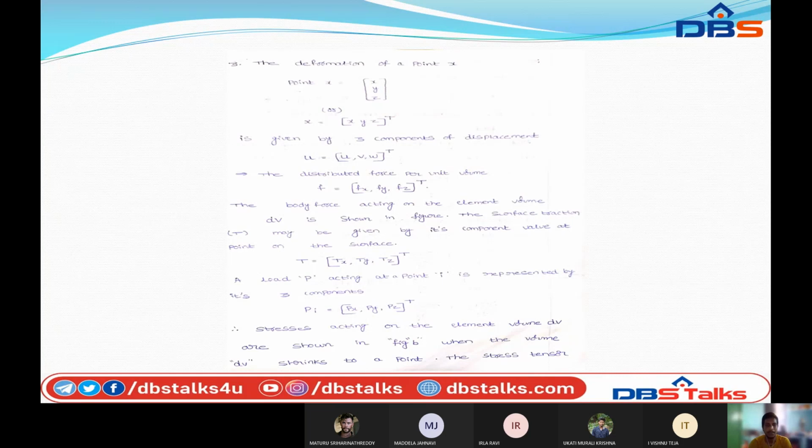Displacement in the u direction, that means in the horizontal direction, u equal to (u, v, w) transpose. Next, tractional forces, (tx, ty, tz) transpose. After that, distributed forces (fx, fy, fz) transpose. After that, the point loads Pi acting on the equilibrium body, Pi equal to (Px, Py, Pz) transpose in three-dimensional space.